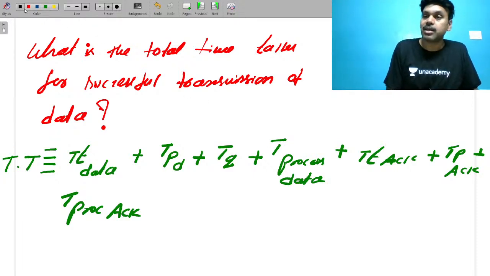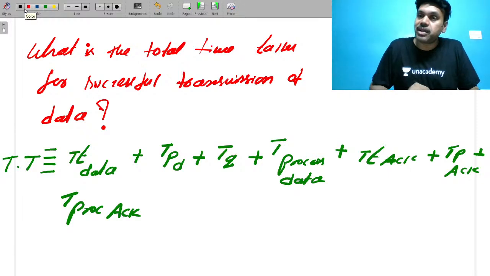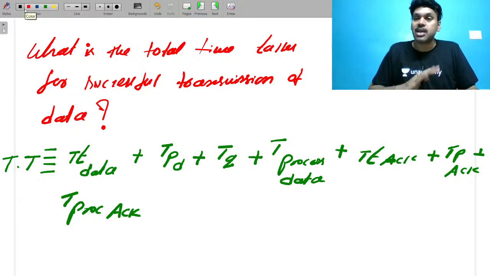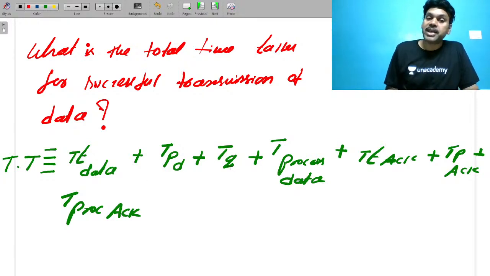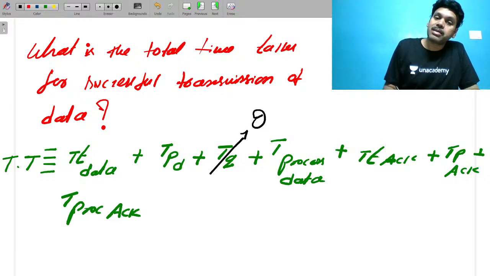Generally, if you look carefully, routers are not slower devices. Routers are very fast devices. Switches are very fast devices, which do not need any kind of queuing delay or processing delay. Therefore, I can nullify them. So I can say that this is negligible, and this is negligible.